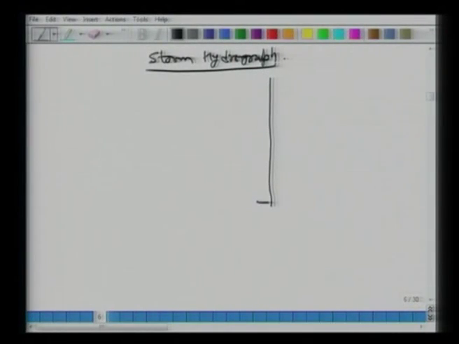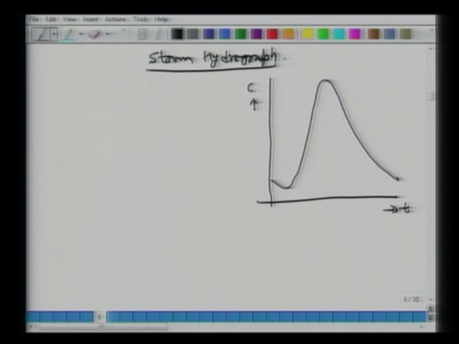Okay. So, as you all know, this is time and this is your Q. We will define various points on the storm hydrograph.